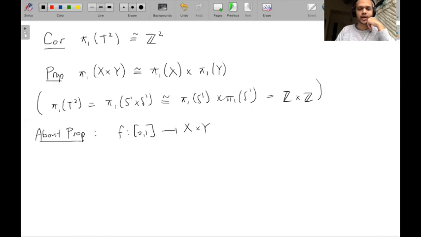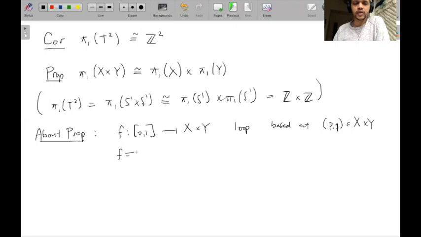So if you're given any loop, let's say based at some point (p, q) in the product, you can write f in coordinates. You can write f as (f1, f2), where f1 and f2 are exactly loops in X and Y.